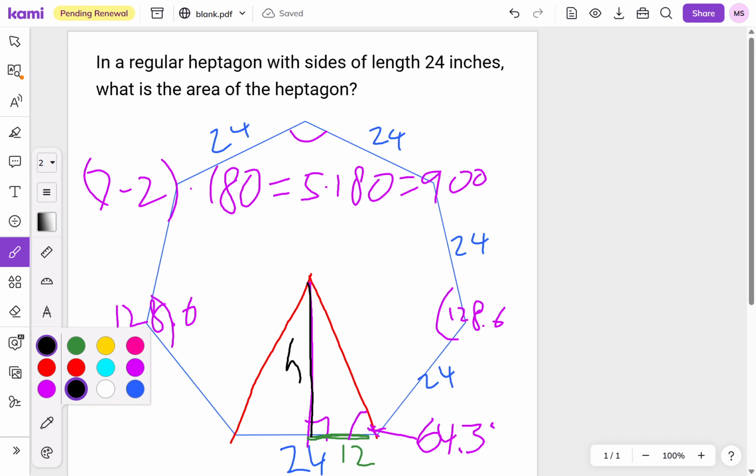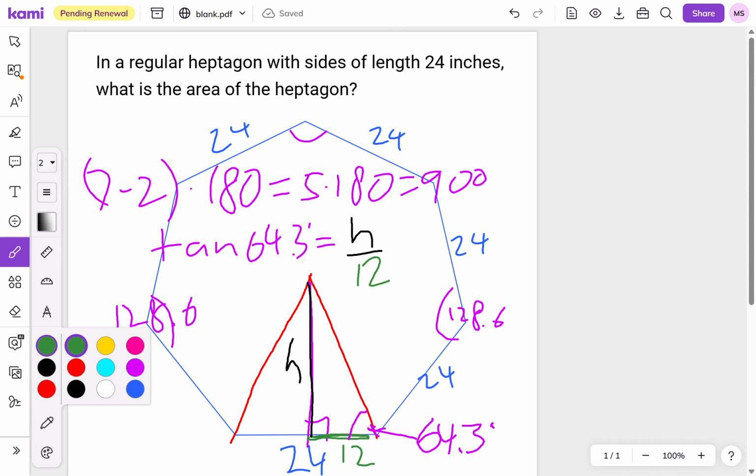Well, the tangent of 64.3 degrees equals opposite over adjacent, which is 12. And we have an expression for it, so we can use it to solve for the height.